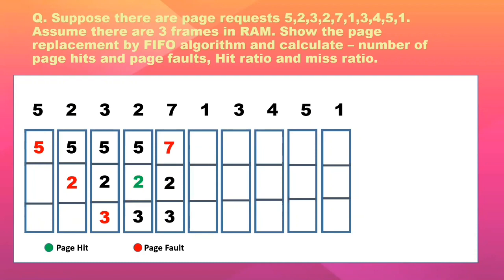Now 1 is requested, and between 7, 2 and 3, which page came first? 2 came first, so 2 is replaced by 1, and that is also a page fault because 1 is not present inside the RAM.